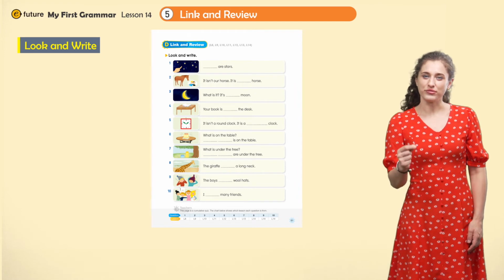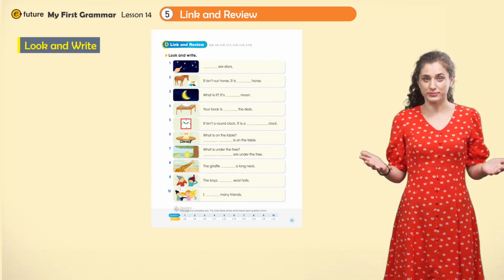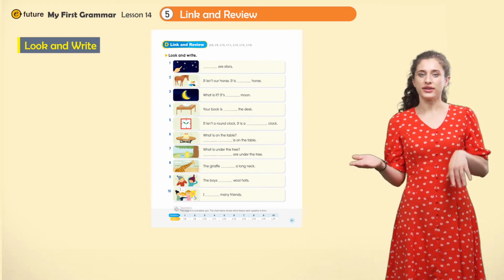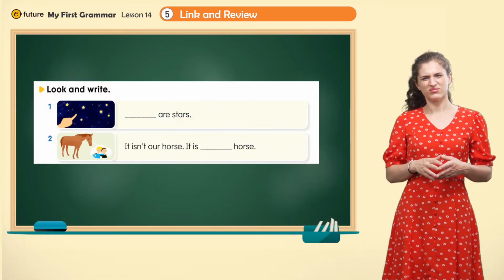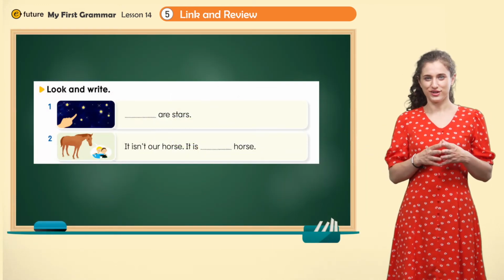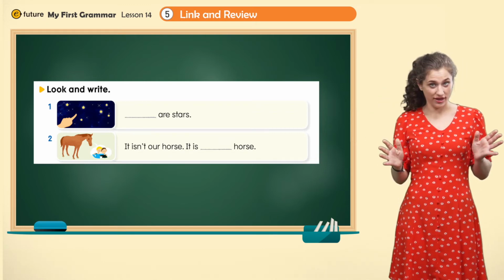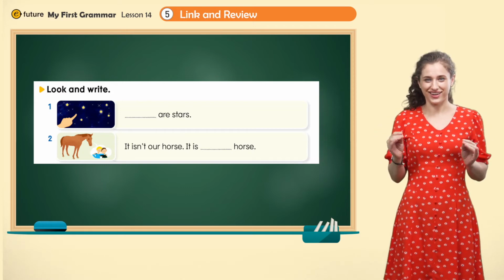Now link and review. Here, we are linking the things that we've learned before with the new things that we learned today. We link and review together. Look and write number 1. What do you see? Do you see the finger pointing to the stars? Okay, let's imagine. We are looking at the stars in the sky.